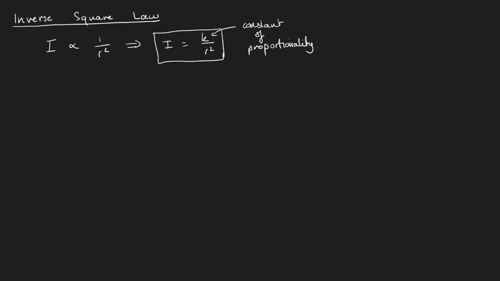So what we can say from this is that if I were to, for example, have a source here. This is my gamma emitting source, and I have a distance, let's call it r here. I have a spherical emission of all of these particles.